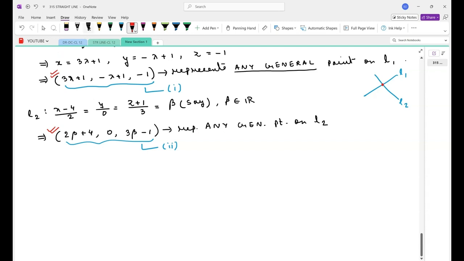Okay. So if 3 lambda plus 1, minus lambda plus 1 and minus 1, this point is the same as 2 beta plus 4, 0, 3 beta minus 1, that is, I'm forcefully making them equal, then let us see whether we arrive at any contradiction or everything goes smoothly.